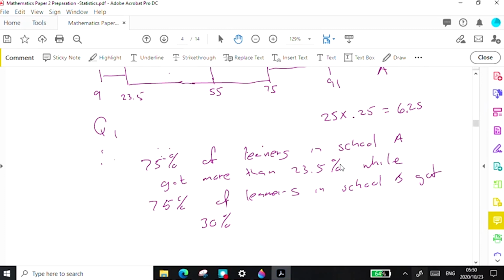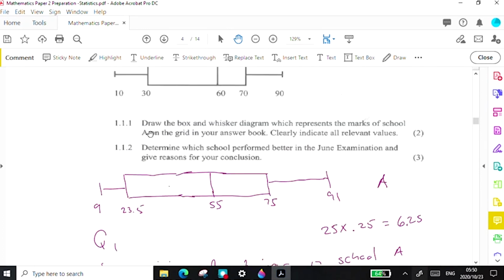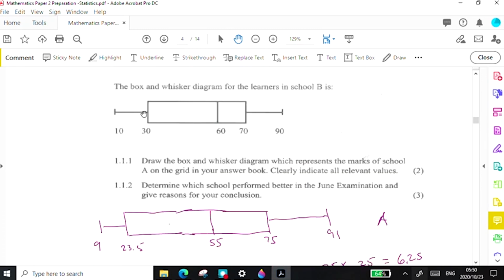Therefore, school B performed better than school A. So B performed better based on the 75 percentile of students.